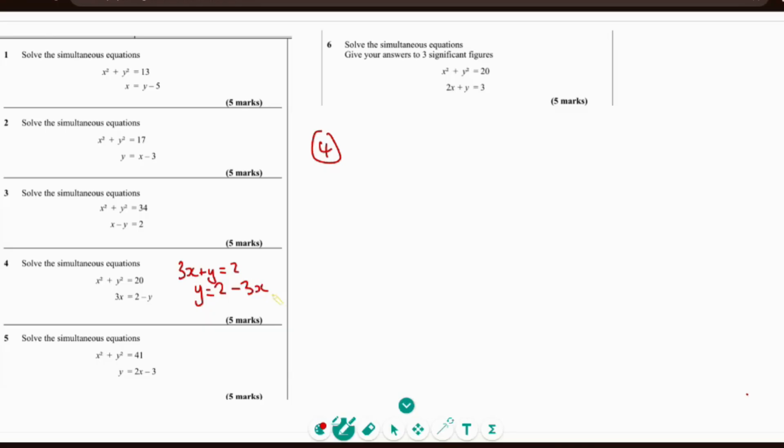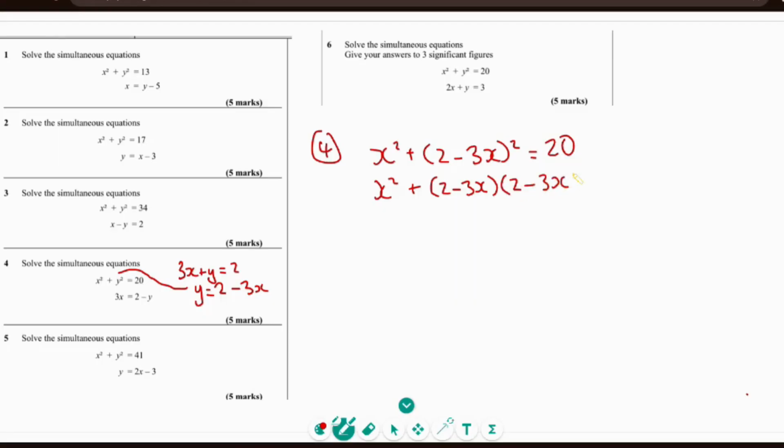Take 3x off both sides. I'm going to substitute that in for my y. Expand the brackets. 4 minus 3x times 2 is minus 6x. 2 times minus 3x is minus 6x.